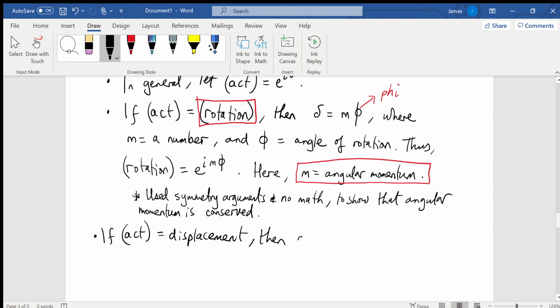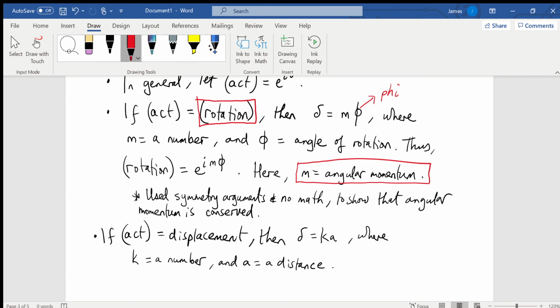Then delta is Ka, where K is a number, and a is a distance along some axis, x or y or z, it doesn't really matter here.